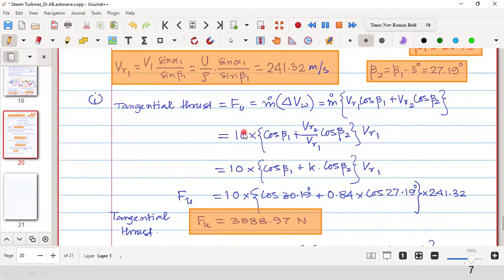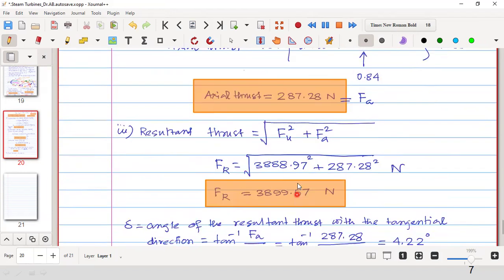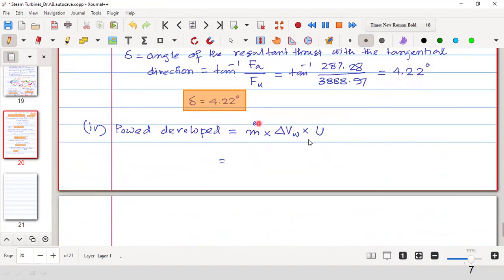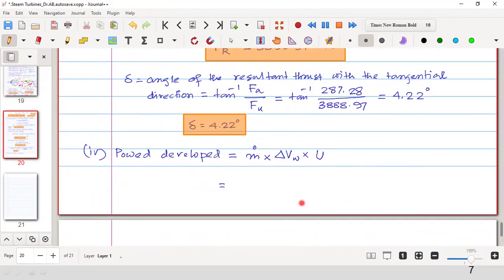The mass flow rate, 10, already we have calculated that part. This one, m dot into delta VW is Fu, already we have calculated. So if we multiply that with U, it will be basically the power developed.